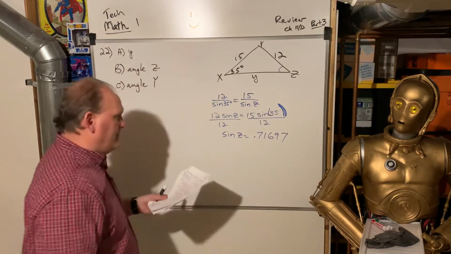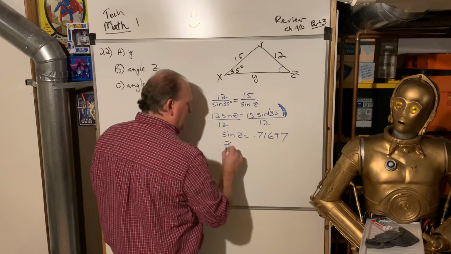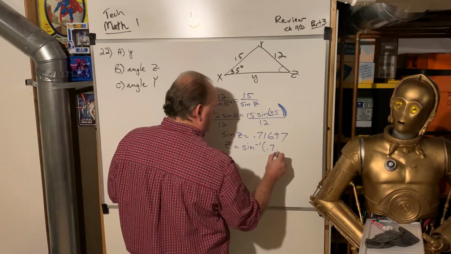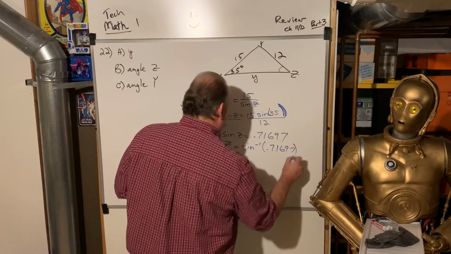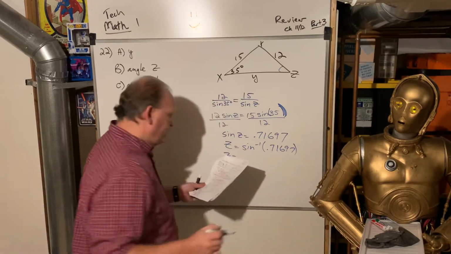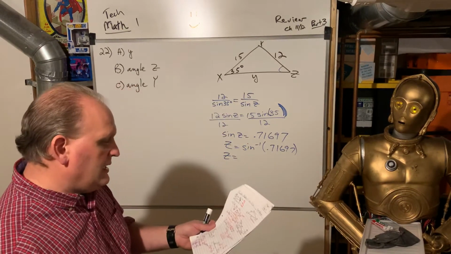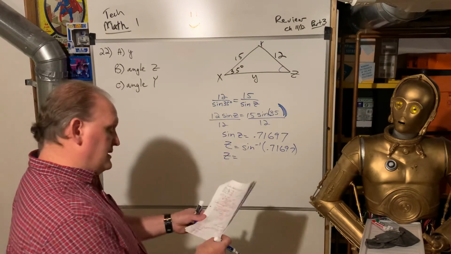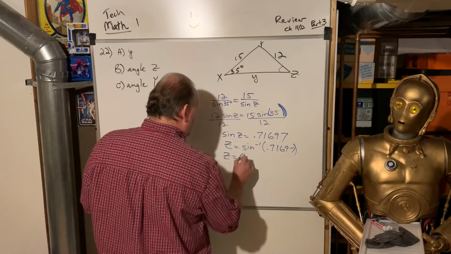And you should get that. And now we do the arc sine of that. So the arc sine of 0.71697, and then hit enter, and that'll be 46 degrees. We'll round to the nearest whole degree.